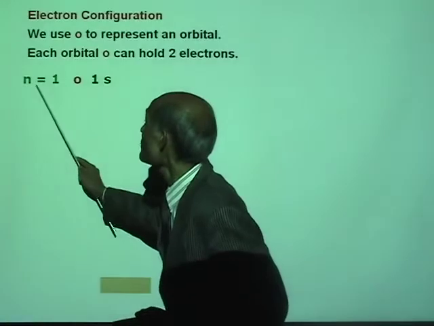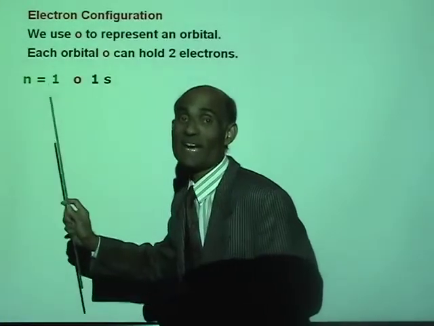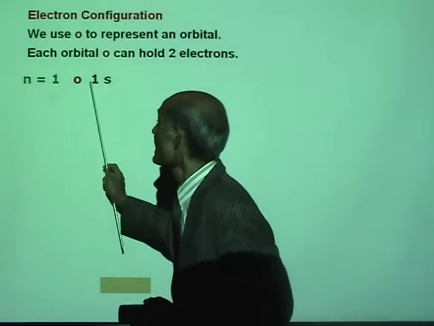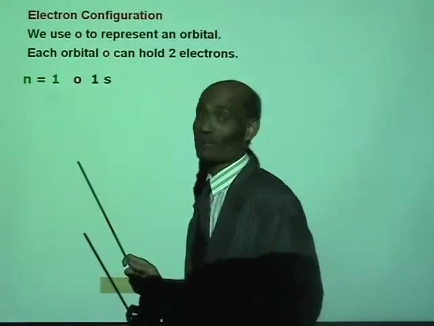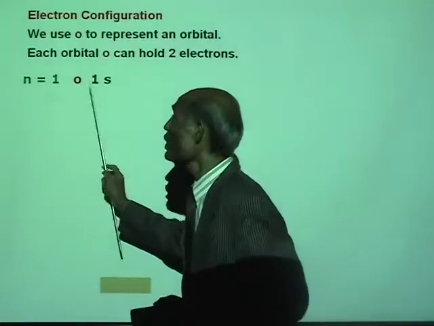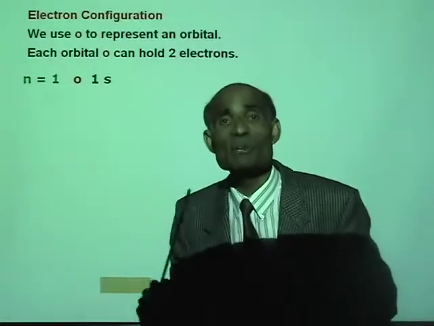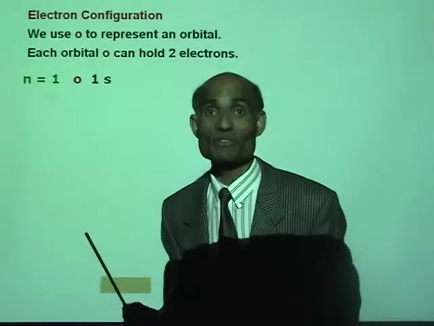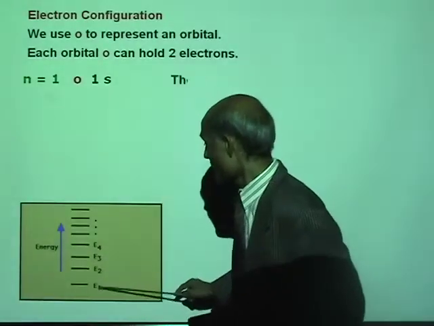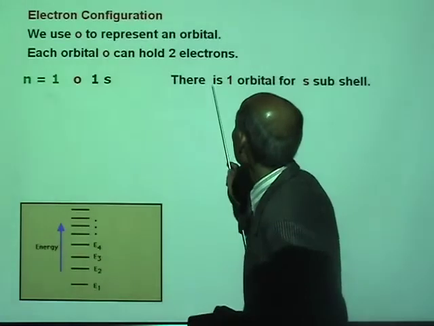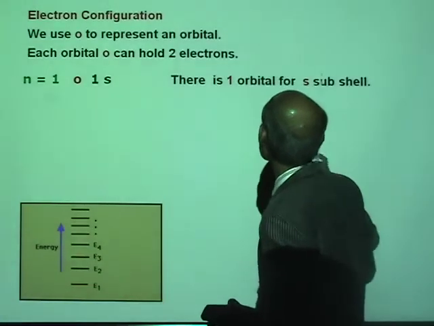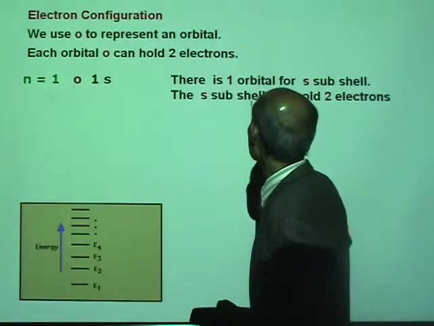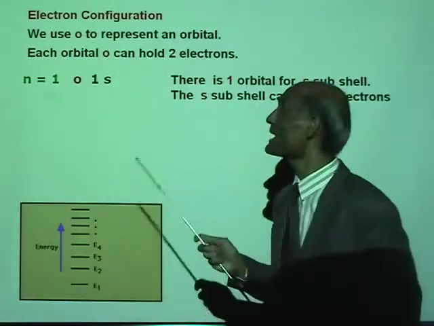That means n equal to 1. N equal to 1 has the S subshell. It has 1 orbital. So how many electrons can there be at n equal to 1? An orbital can hold 2 electrons. So n equal to 1, there is 1 orbital for the S subshell. The S subshell therefore can hold 2 electrons.